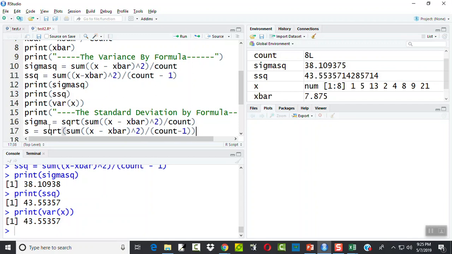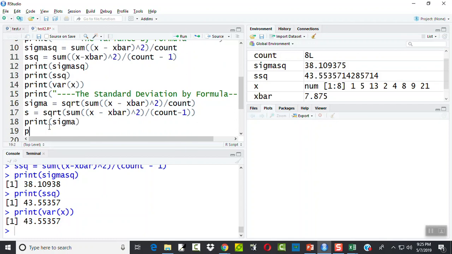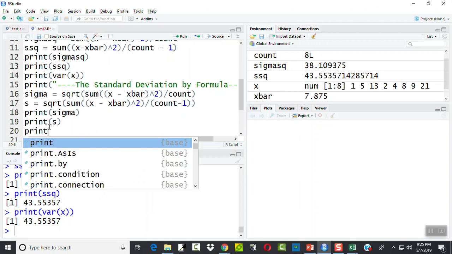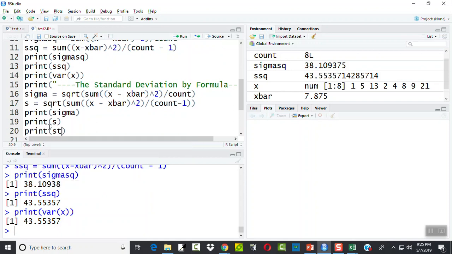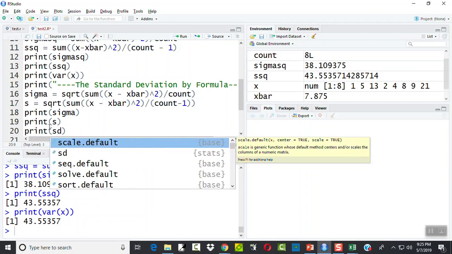Notice the use of my parentheses here. Order of operations. We want to, on the bottom, do the denominator completely, on top, do the numerator completely, and then divide. That's why I put parentheses around count minus 1. Now if I do a print sigma and print s, and probably, I'm just guessing, there's a formula for standard deviation, SD.